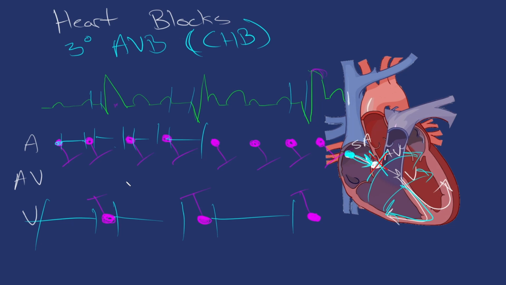Also, you could have a wide QRS, such as we have in here, where the ventricles are firing off, or if the block is towards the top portion of the AV node up in here, rather than the bottom portion, you could have a narrow QRS. So it's possible to have the AV node still sending these signals, and then at that point, instead of having this ventricular escape rhythm that we have going on down here, we would have a junctional rhythm.